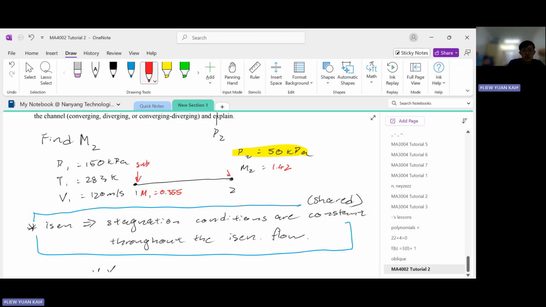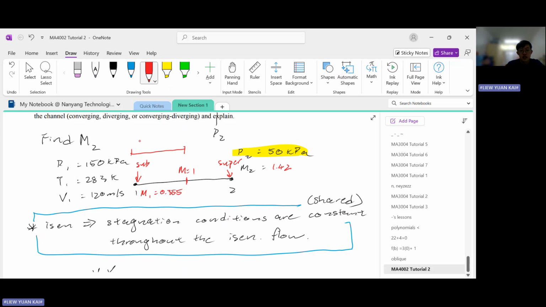At point 2, this is supersonic. So you're accelerating, because you go from 0.355 up to 1.42. The flow velocity increases, meaning this whole thing is an acceleration. Somewhere in the middle must be a Mach number of 1, because 1 is between 0.355 and 1.42.